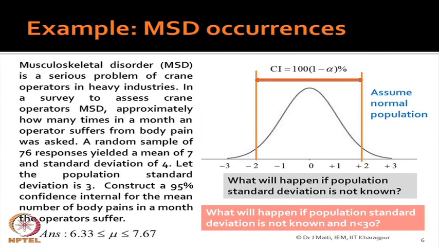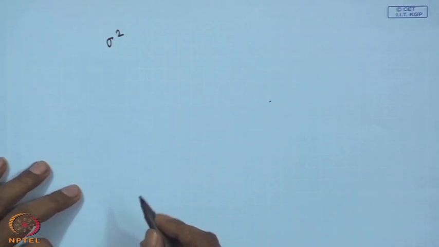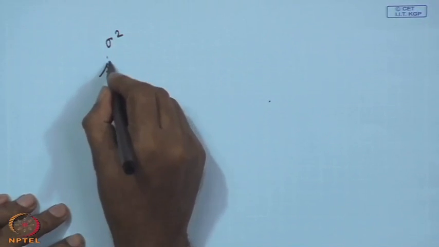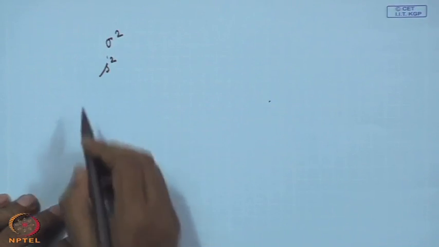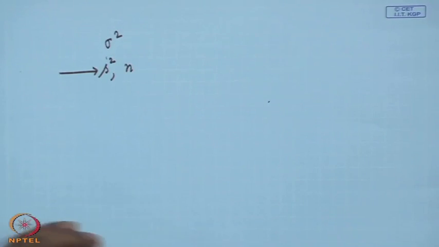The same thing can be applied to population variance also, but in the case of population variance your distribution will be different. Population variance means sigma square. You have a sample collected, and the sample variance S square is computed, where n is the sample size. So, what do you require to know?